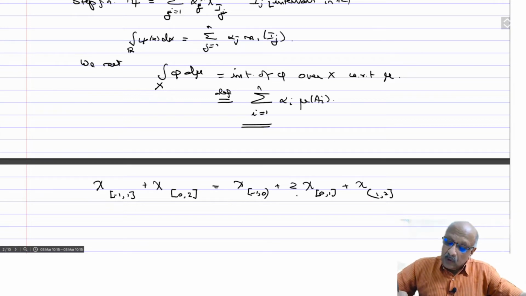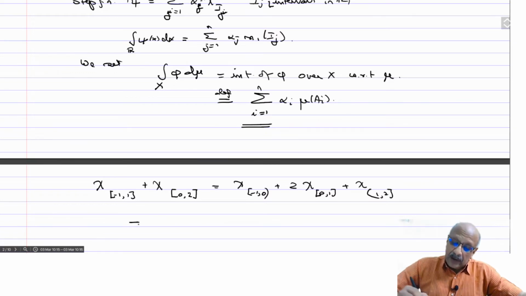So we want to know which way we are going to use. We can even write a function given in terms of disjoint sets, or in terms of non-disjoint sets. We would like to define the integral in a way that we are not worried about how the simple function has been written. So we can have many cases.